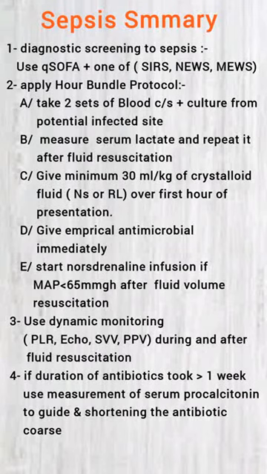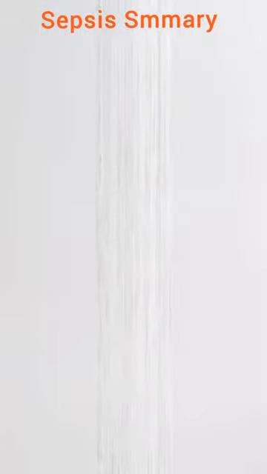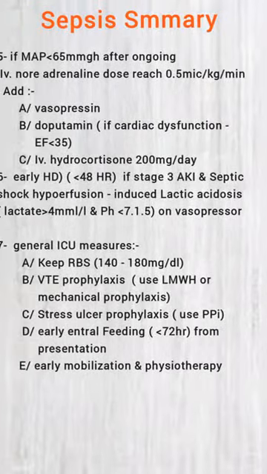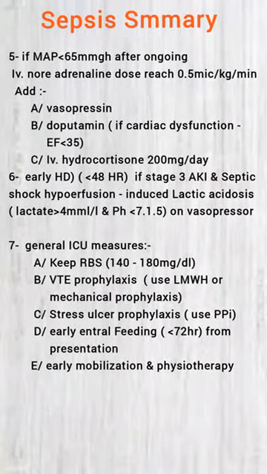Also, if the duration of antibiotics takes more than 1 week, use measurement of serum procalcitonin to guide and shorten the antibiotic course. Number 5, if mean arterial pressure is less than 65 mmHg after ongoing intravenous infusion of noradrenaline, use it until it reaches 0.5 mcg per kg per minute, add vasopressin or dobutamine if cardiac dysfunction with ejection fraction less than 35, and add intravenous hydrocortisone 200 mg per day.